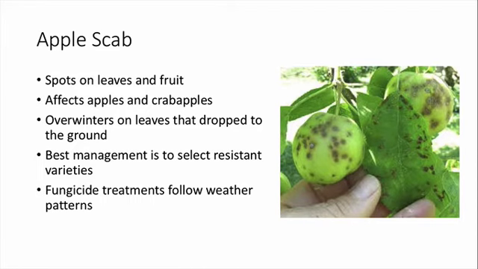Okay, if you are a small home fruit grower, specifically apples, you're likely to be dealing with apple scab. It's certainly one of the main diseases that orchardists have to deal with, and it causes small spots on the leaves, no big deal, but it also causes spots on the apples.